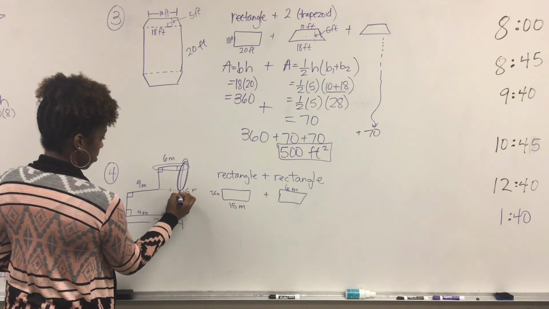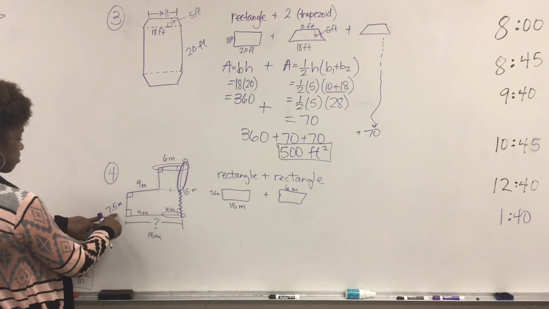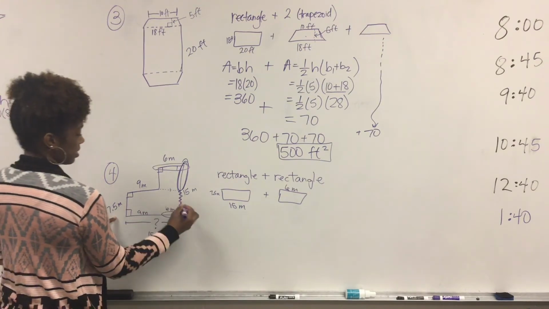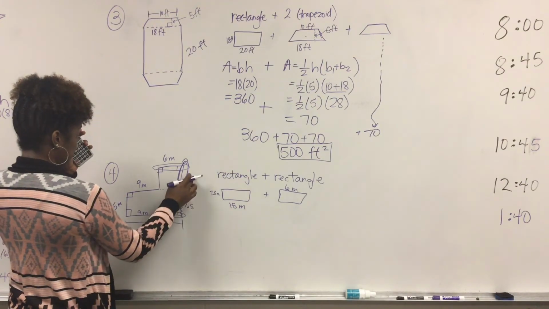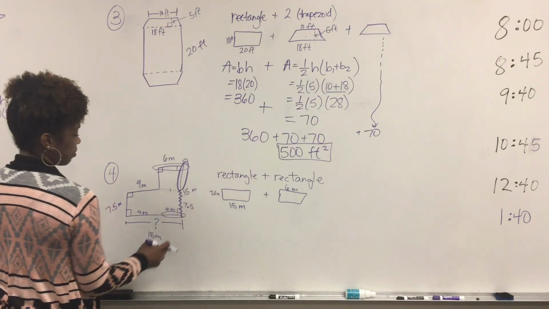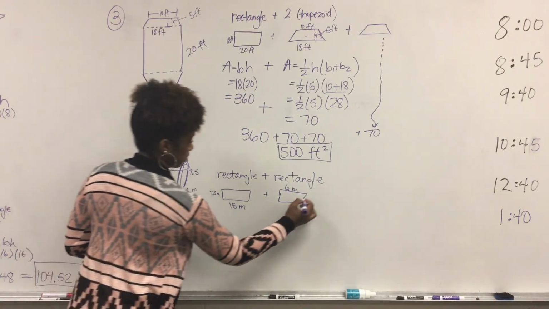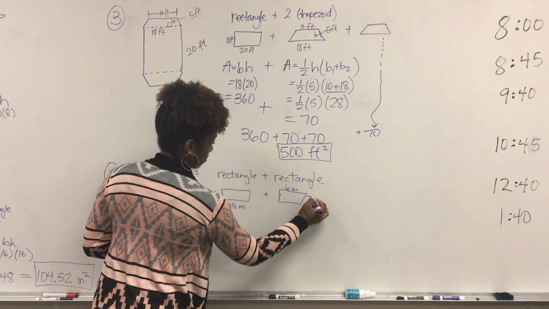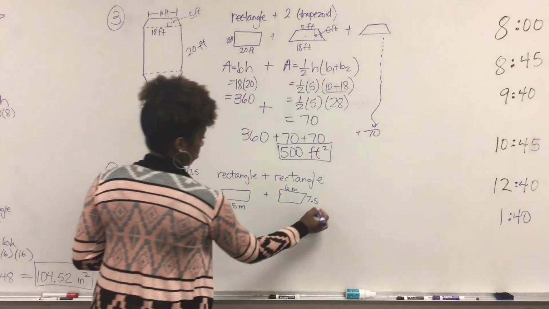I do not need this part. And because this part is 7.5, then I know this other side is 7.5. So in order to find out what this is, I have to subtract 15 minus 7.5, which will give me 7.5. Okay? Meters, our units.